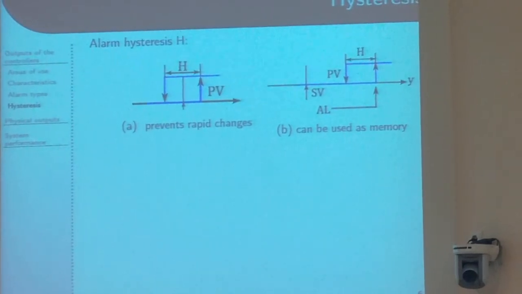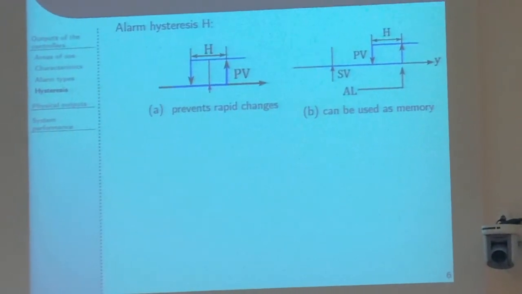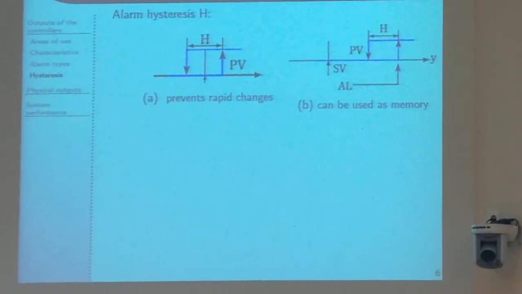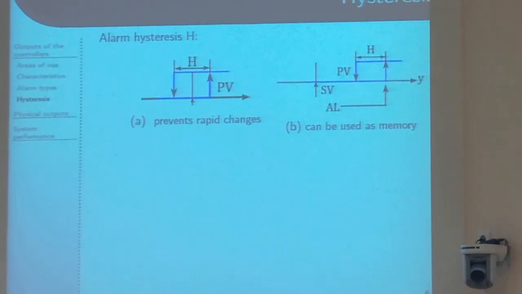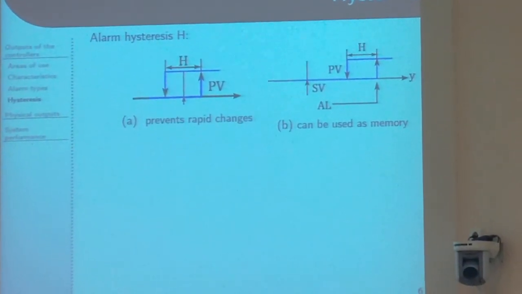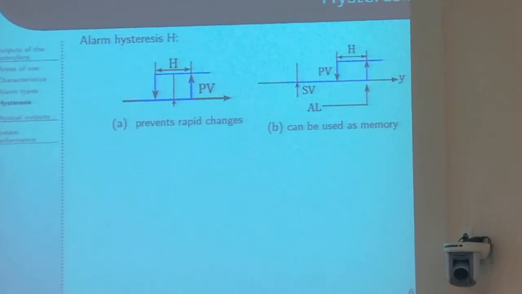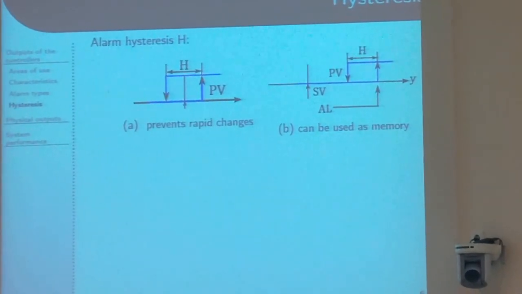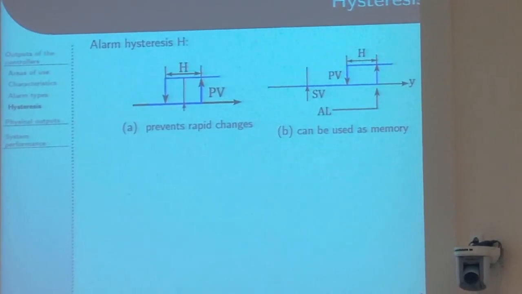If we are dealing with a huge process, for example in some power stations, we would like to remember that something happened. Of course we can use log files where we can see the history, but this window shows that we have an extraordinary situation.